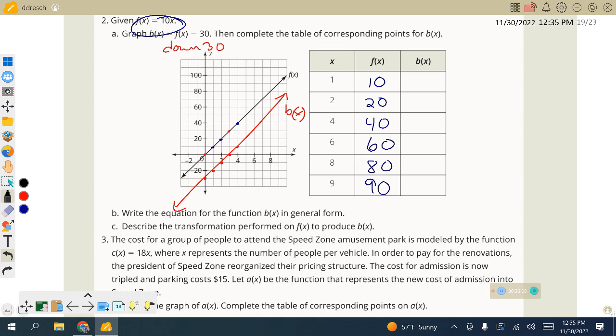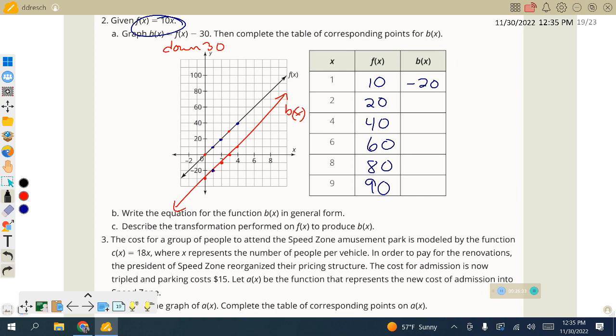What did we do at the very beginning? All we did was subtract 30, right? We were told to go down 30 units. So take that thing down 30 units. When x is 1, we are right here at negative 20, which makes sense. 10 minus 30 is negative 20.